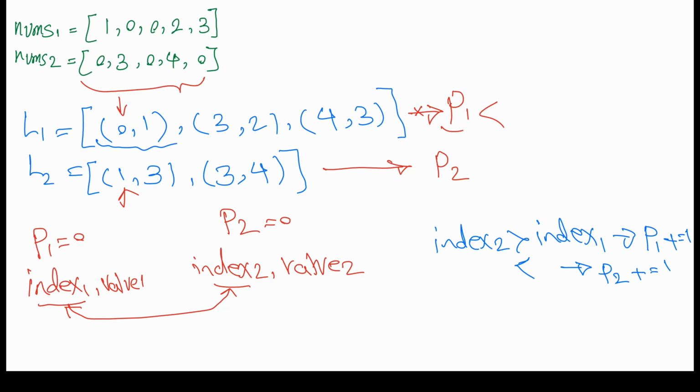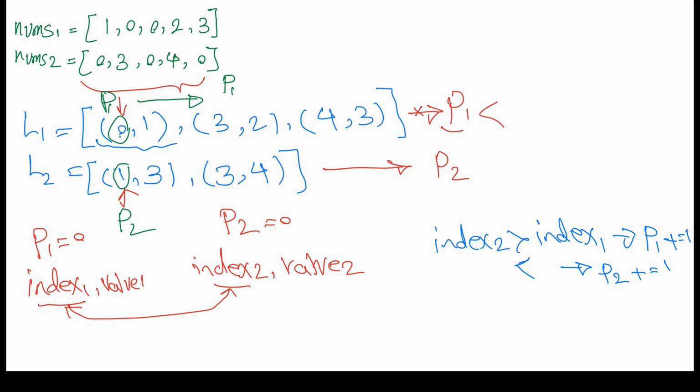And if the indexes are the same, we can definitely go with the product of the values at those two indexes. So here at the first step, index 1 is less than index 2, so we increase pointer 1. Let me write this. At the first step, p2 is here, p1 is here, index 1 is 0, index 2 is 1, this is less than this, so we increase pointer 1 to here.